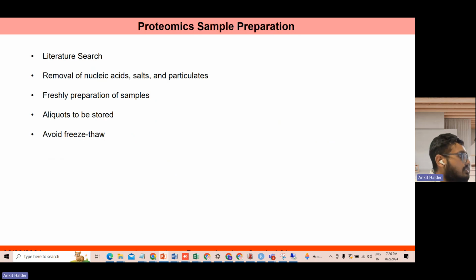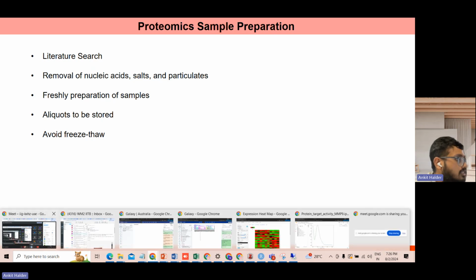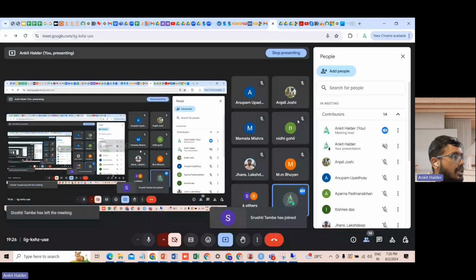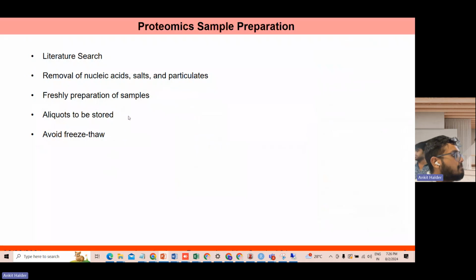So what are the different steps that are generally taken for proteomics sample preparation? First is to have a good amount of literature search. For example, if I tell you that you have to extract proteins from a rubber plant, right?